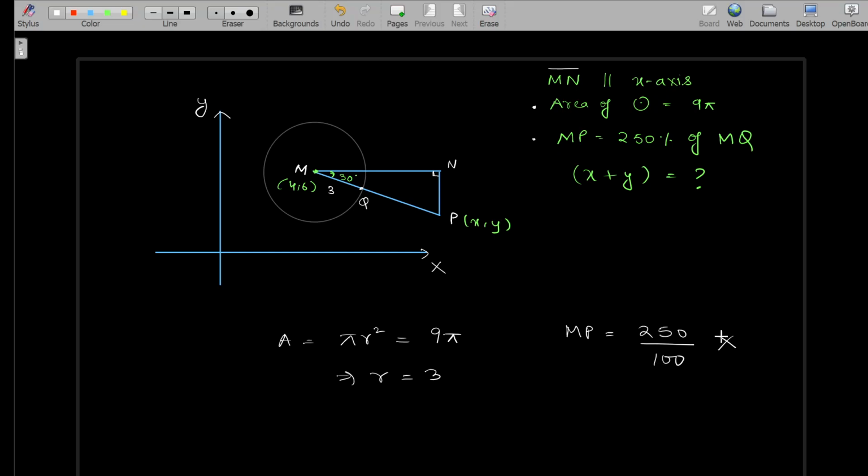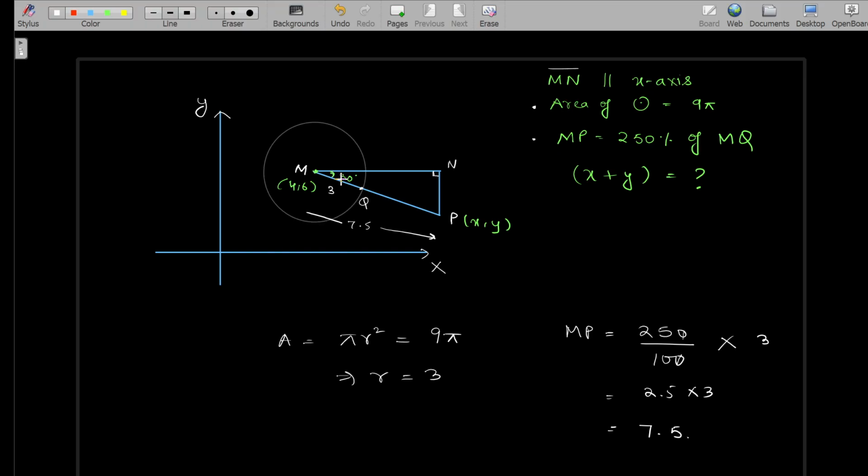Of is multiplication, and we just found out that MQ is 3. So this is 2.5 times 3, which will be 7.5. So that means MP is 7.5. This whole side MP is 7.5.